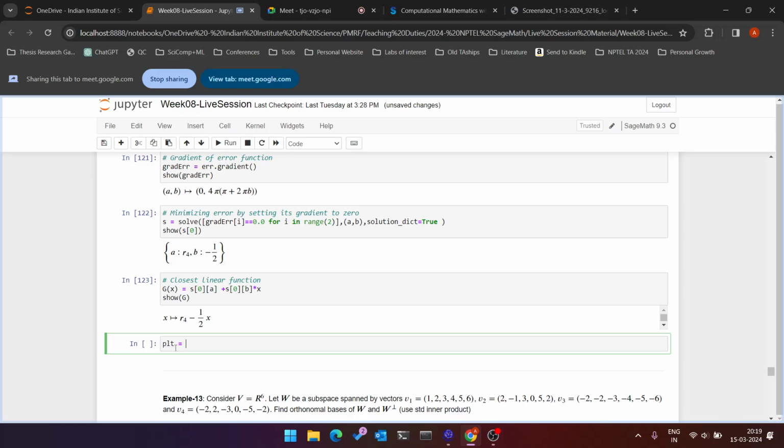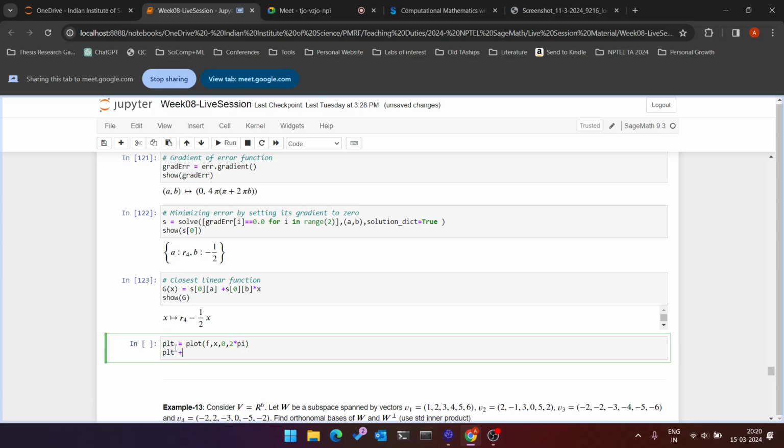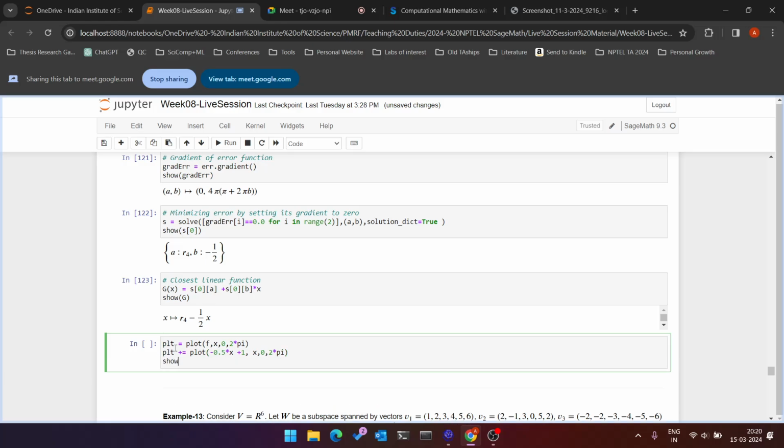So suppose I wanted to plot: plt is plot of f x going from 0 to 2 pi, and in plt I again have plot minus 0.5 x plus say 1, r4 equal to 1, x again going from 0 to 2 pi. I now show the plot.